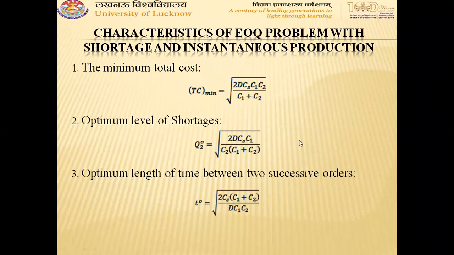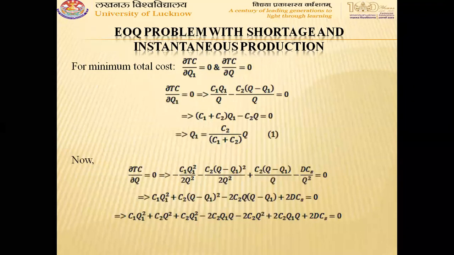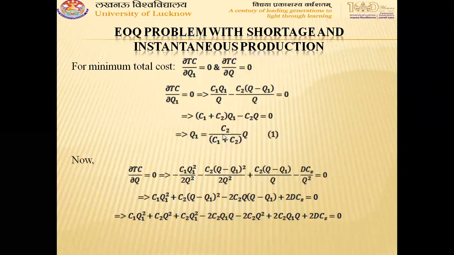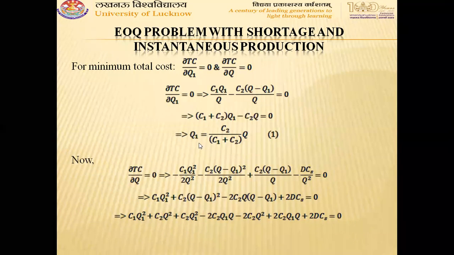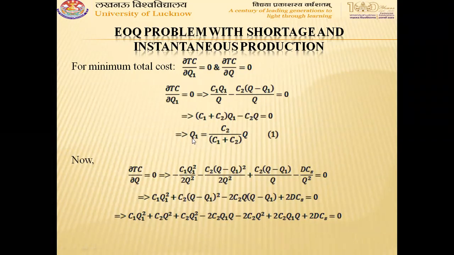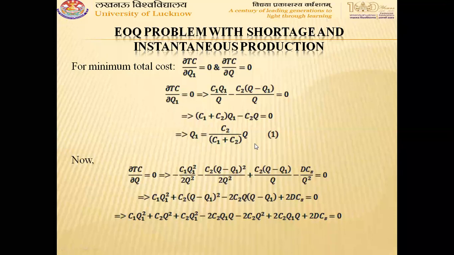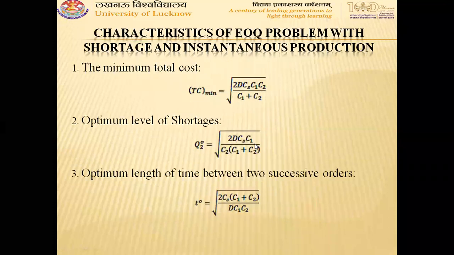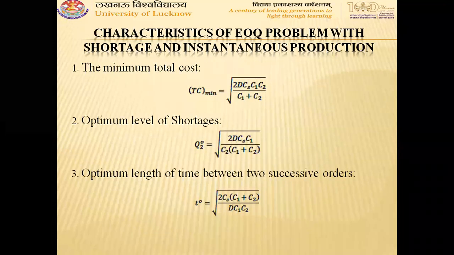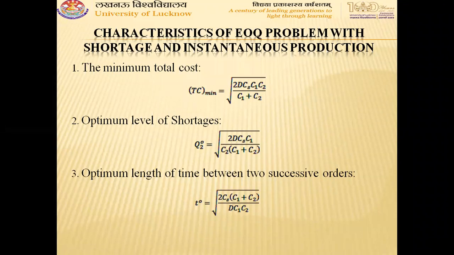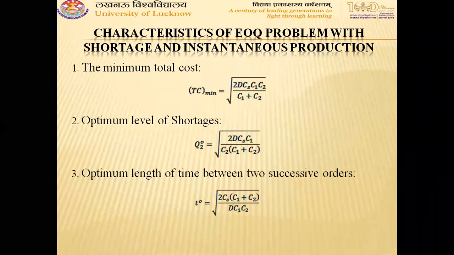So in the same manner, we have right here Q1 is equal to C2 upon C1 plus C2 Q. Similarly, if we put the value of Q1 in terms of Q2, then we will obtain Q2 is equal to C1 upon C1 plus C2 into Q. So Q2 will become root of 2 DCS C1 upon C2 (C1 plus C2).